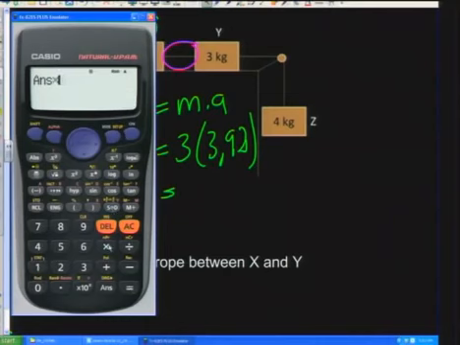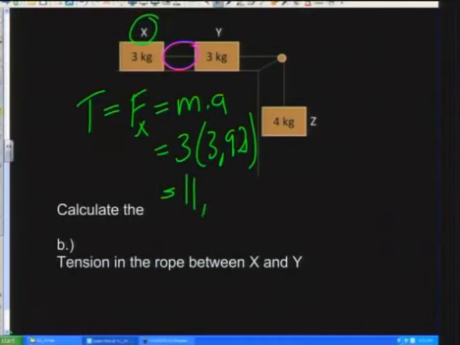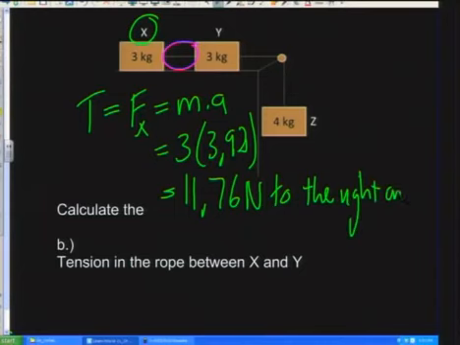We're going to multiply that by 3, and we get the answer that the tension is 11,76 newtons, and that would be the tension in that rope, and in this case, it is acting to the right. It's the rope pulling on X.